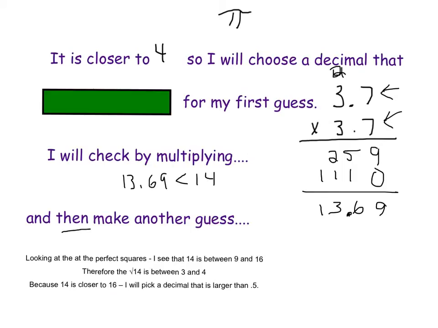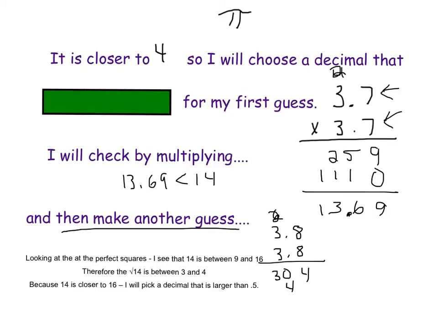So you do have to make 2 guesses for each problem. So if 3.7 is too small, 3.8 might be closer. So again, I'm going to do that multiplication. 8 times 8 is 64. Carry the 6. 8 times 3 is 24, plus 6 is 30. 3 times 8 is 24.